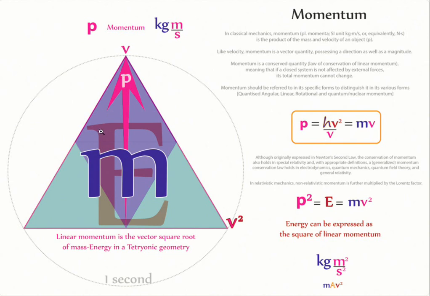Again, in all cases, no matter how we calculate for energy or momenta within a system, or mass velocity, it's a geometric relationship at all times of equilateral energy momenta within any system.